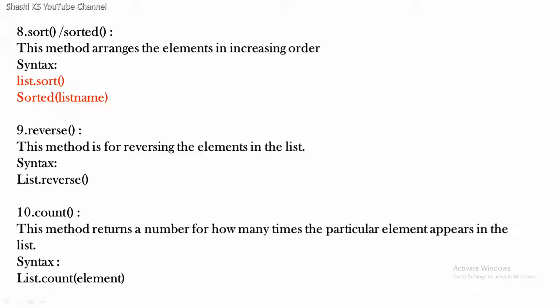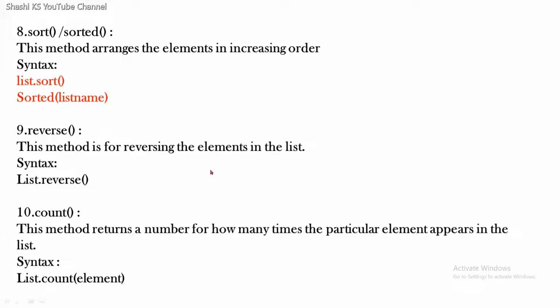If you want to sort, arrange the elements of a list in increasing order, then you would be making use of the sort method or the sorted method. The syntax for sort method is the list name dot sort. The syntax for sorted method is sorted, and you have to specify the list name which you want to sort within the brackets.